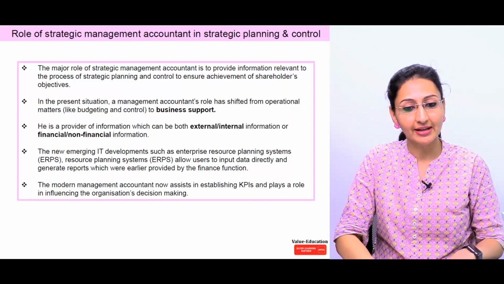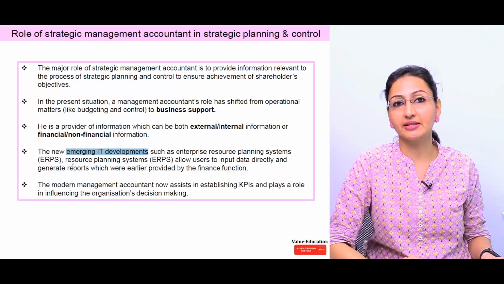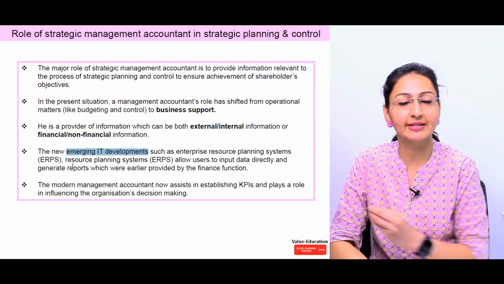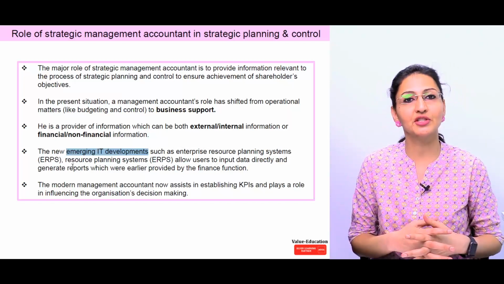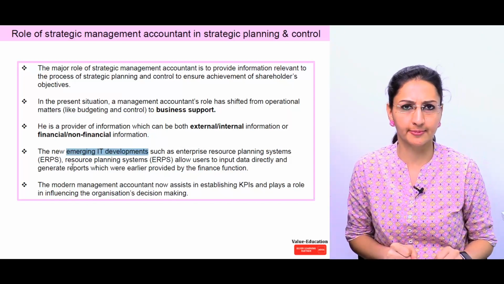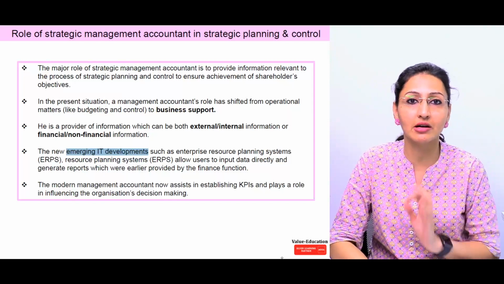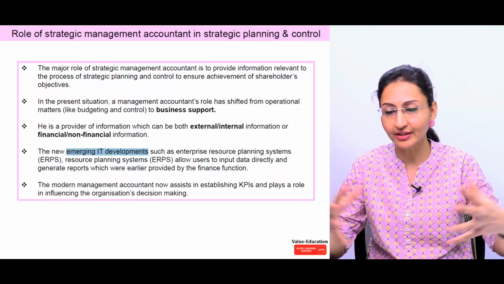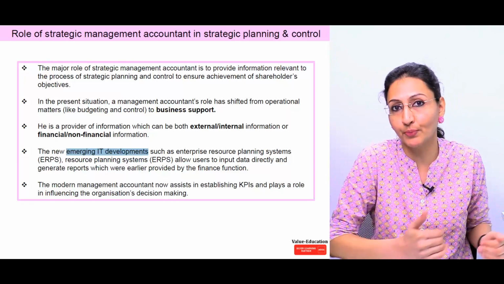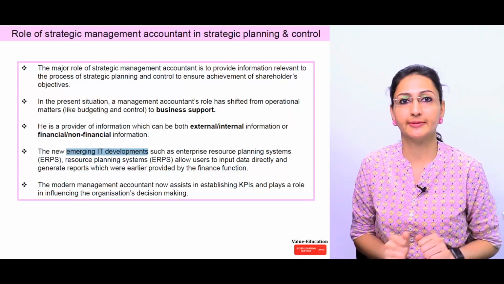Then the next part, the IT developments. For example, ERPs, which is Enterprise Resource Planning Systems. These systems assist the user to directly input the data in the system, which earlier was being done by the strategic management accountant. He used to gather the information and then produce reports, which were utilized by the top management to make strategies.